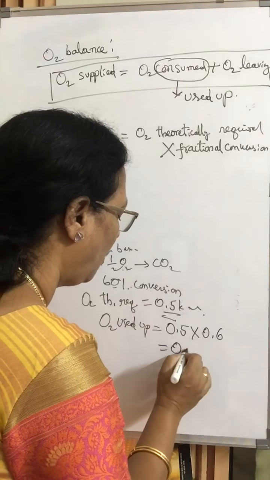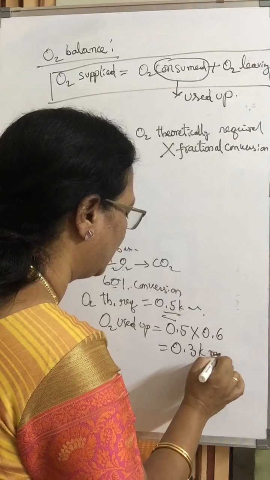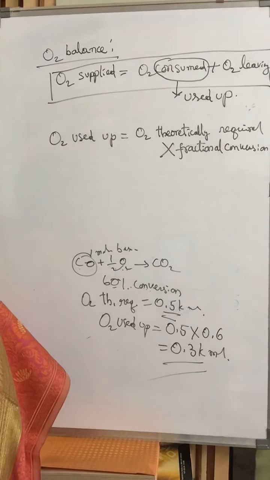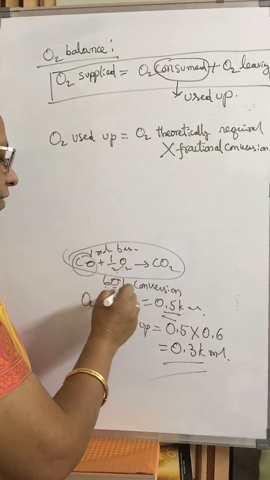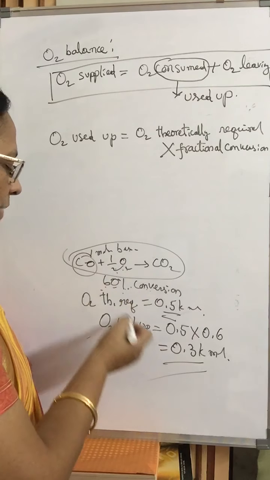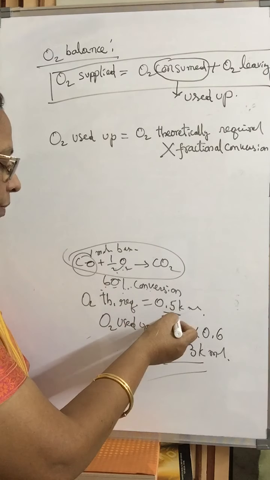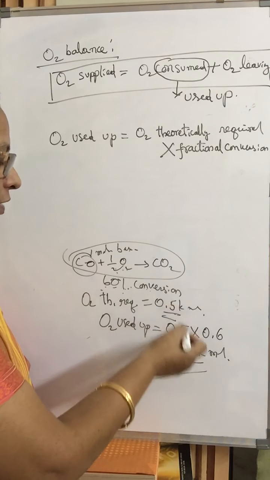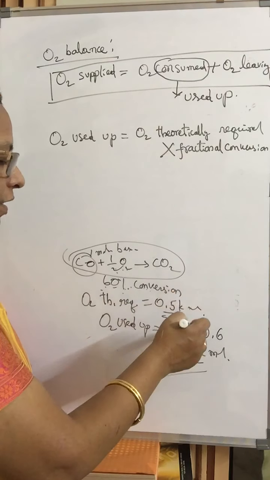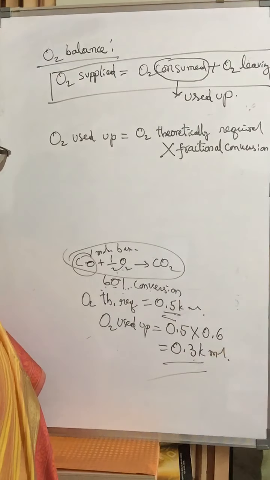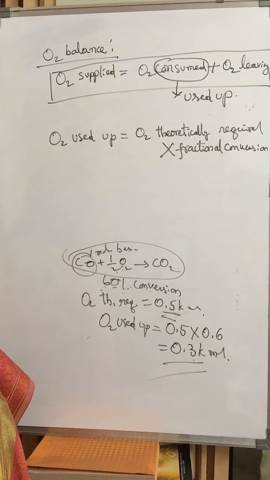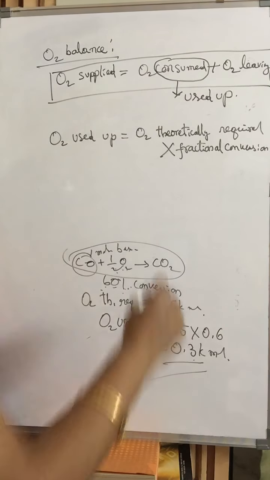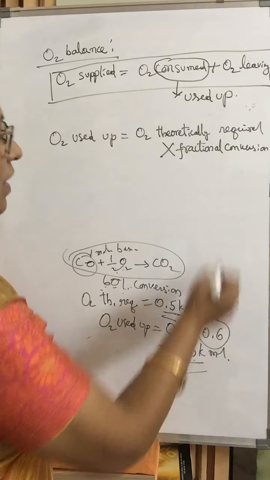So only 0.3 kilomoles will be used up for this reaction. If you supply 0.5, the rest, 0.5 minus 0.3, that is 0.2, will be leaving as unreacted amount.